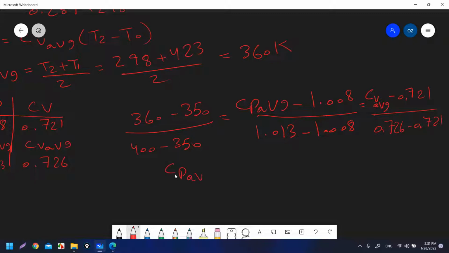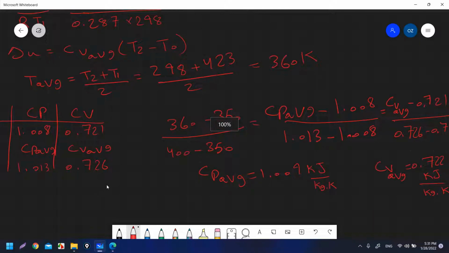Cp average will equal 1.009 kilojoule per kilogram Kelvin, and Cv average will equal 0.722 kilojoule per kilogram Kelvin.